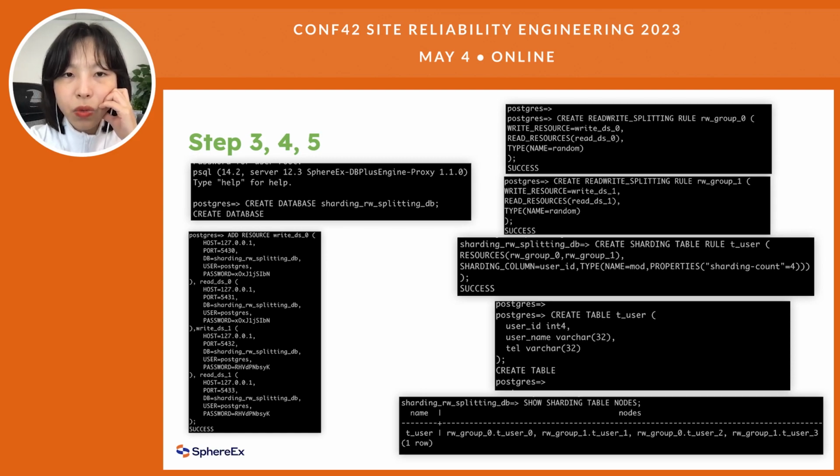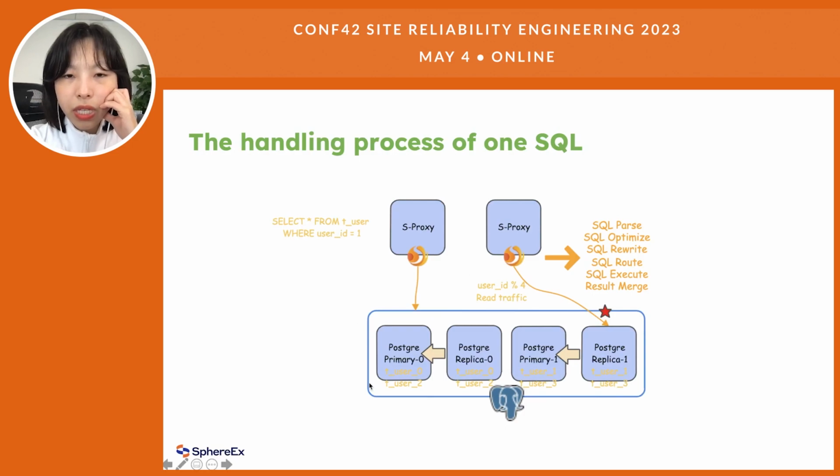That means you just deploy your PostgreSQL databases and the ShardingSphere proxy, and you run all of the distributed SQL at the ShardingSphere proxy. Then it will help you automatically do the data sharding, right?